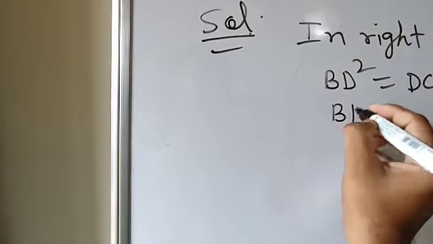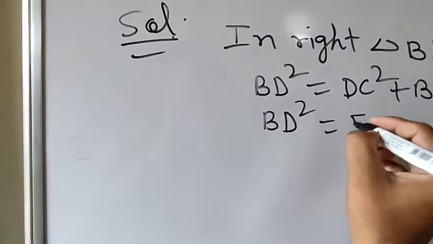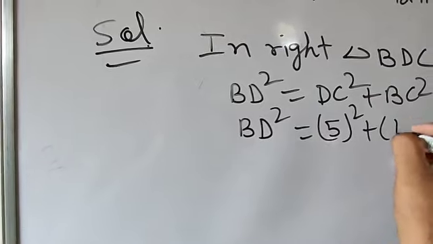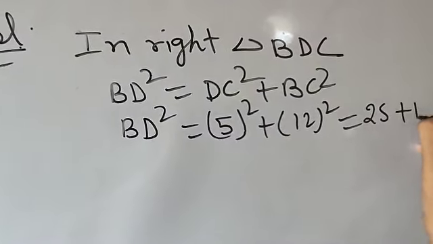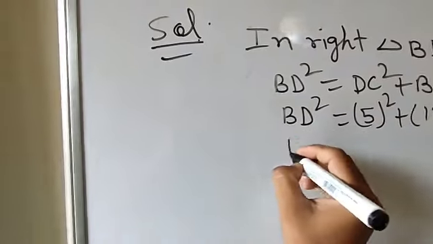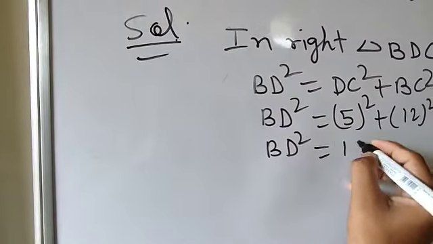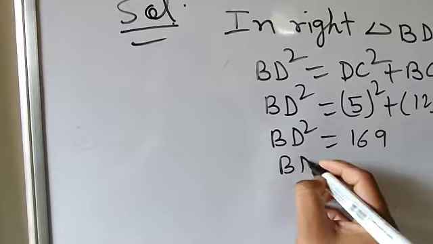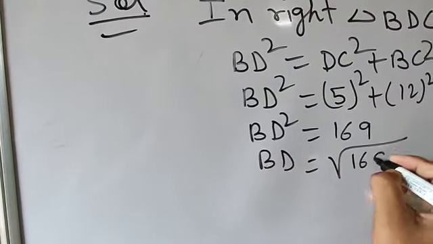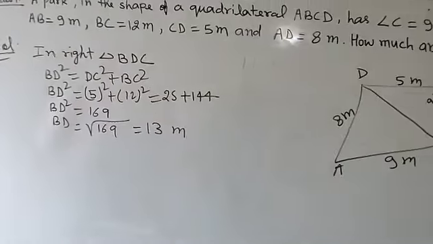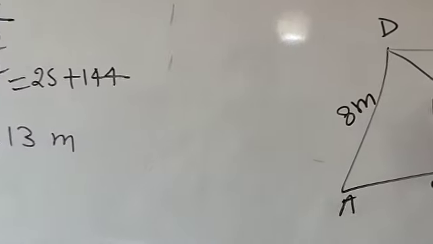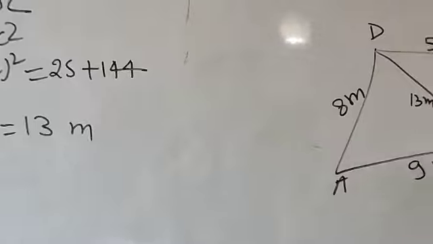So BD square equal to 5 square plus 12 square, that is equal to 25 plus 144. Then BD square equal to 169. BD equal to under root 169, that is equal to 13 meter. So you got the length of BD, that is 13 meter.